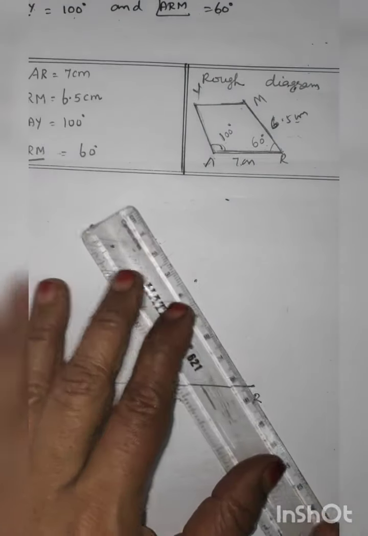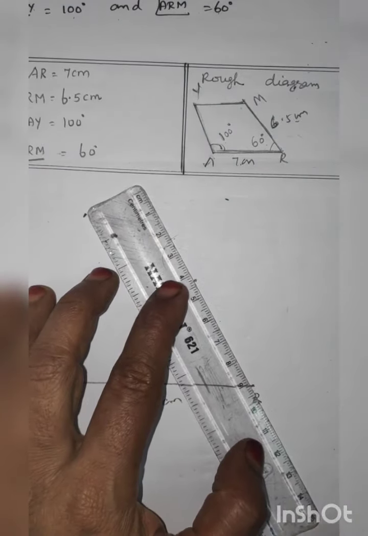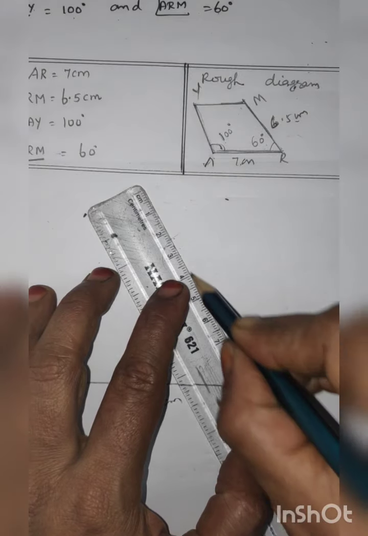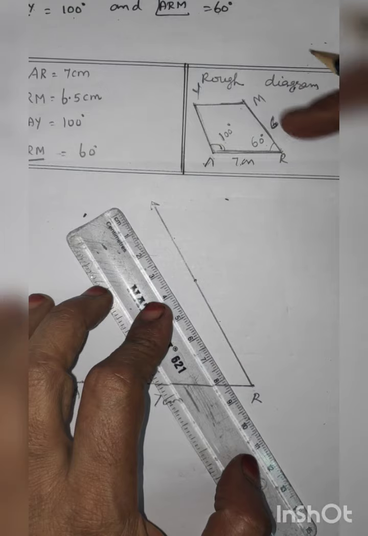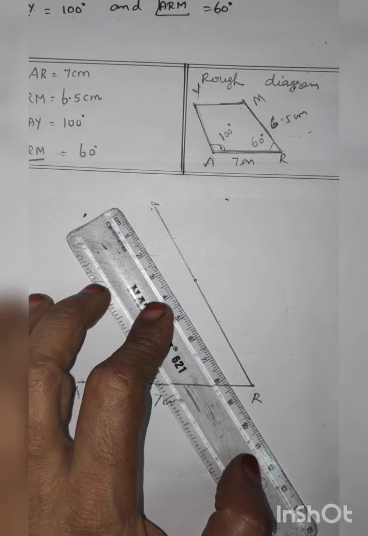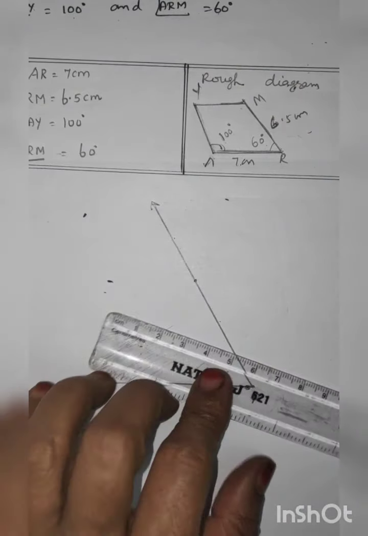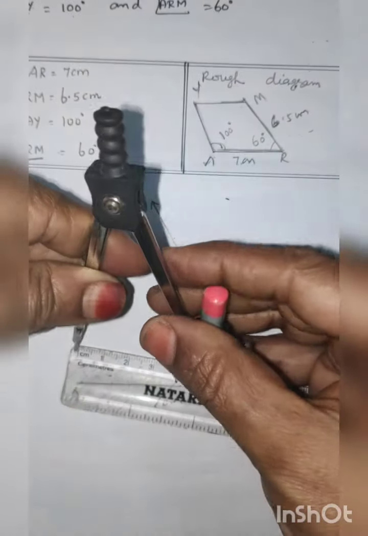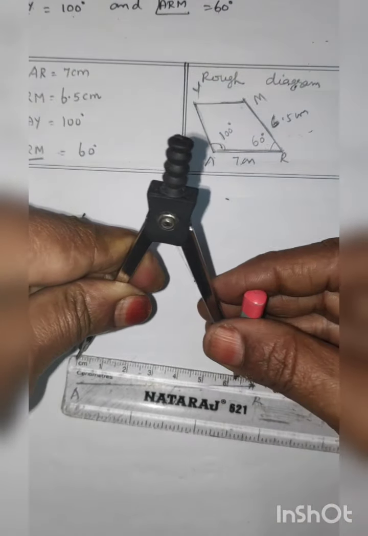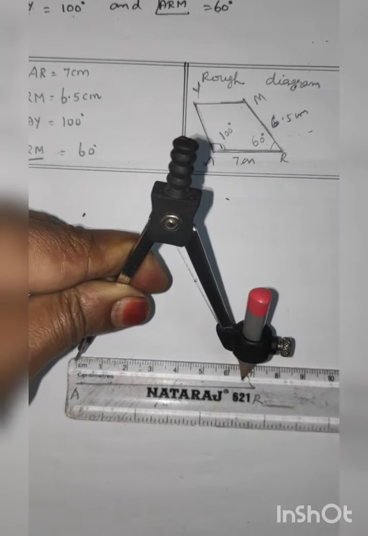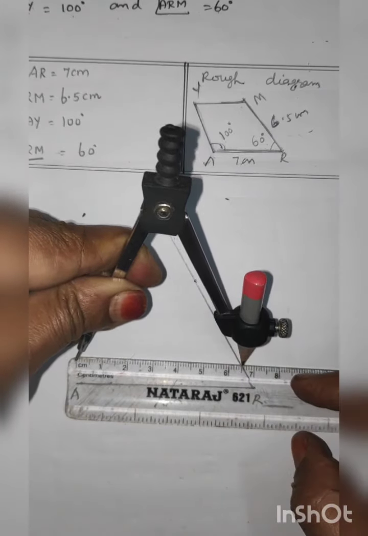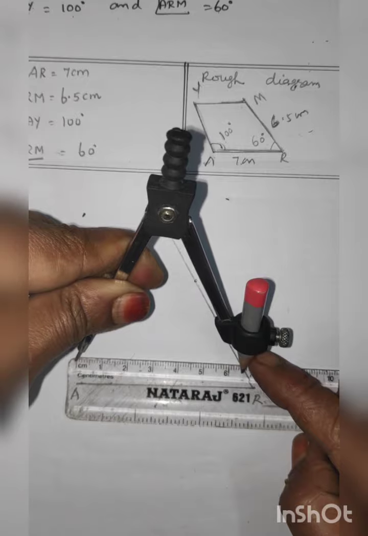Now this line you draw big. Arrow mark on the same side. What is the length given? 6.5 centimeter. Count 6 and then 6.5 and mark there. Between 6 and 7 only, 6.5 centimeter.